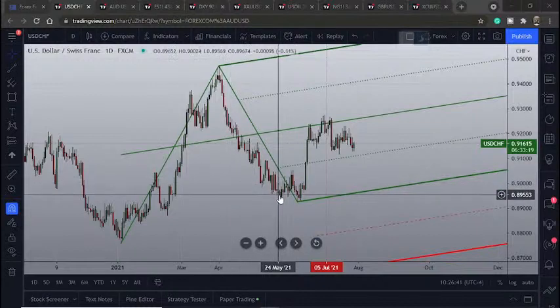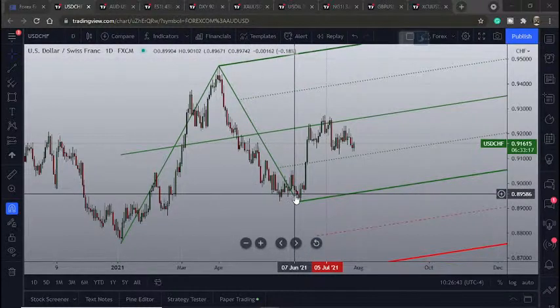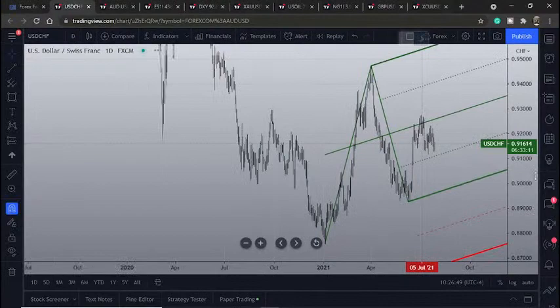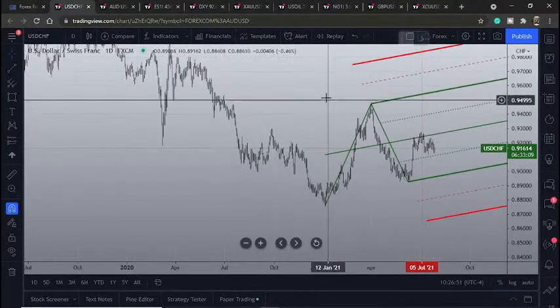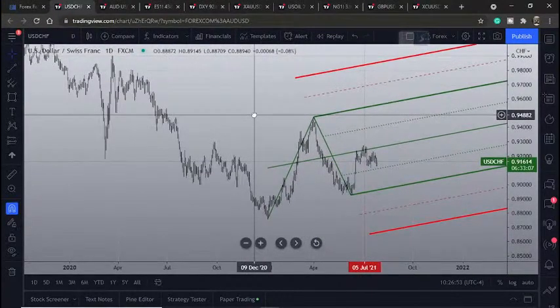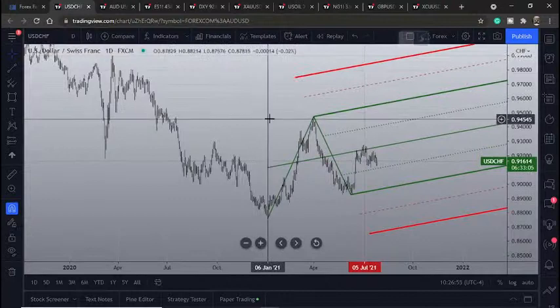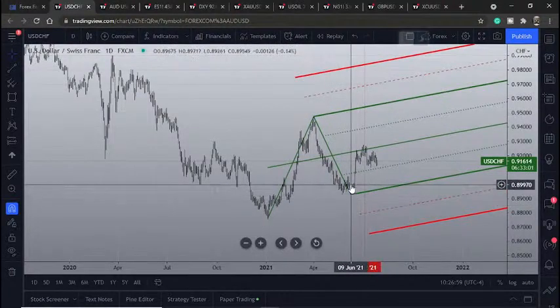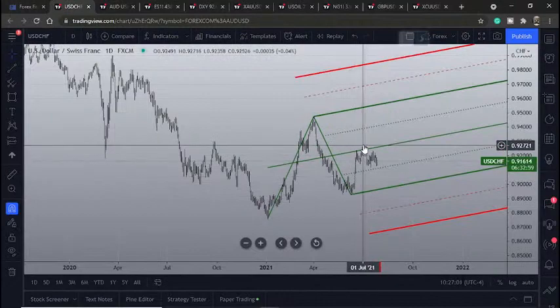I think we can still move lower, although it's been a very strong move to the upside here. I have not done any long-term work on this yet. But after such a strong decline, we had what looks like a 1, 2, 3, 4, 5.